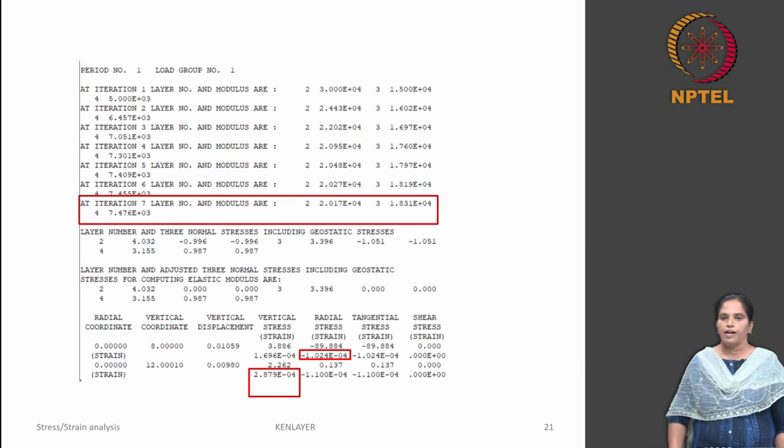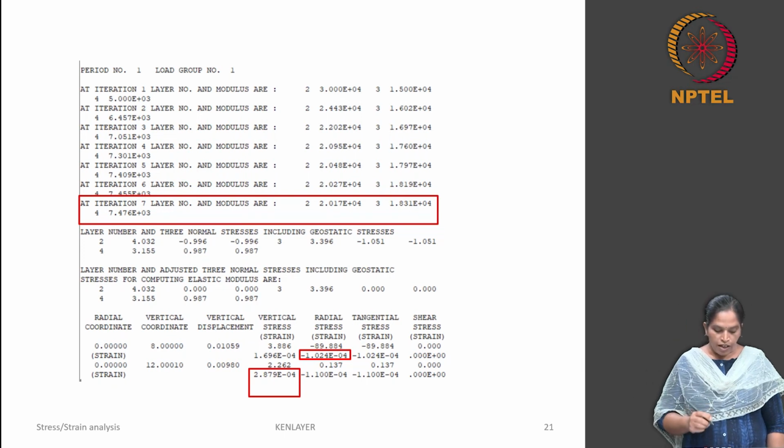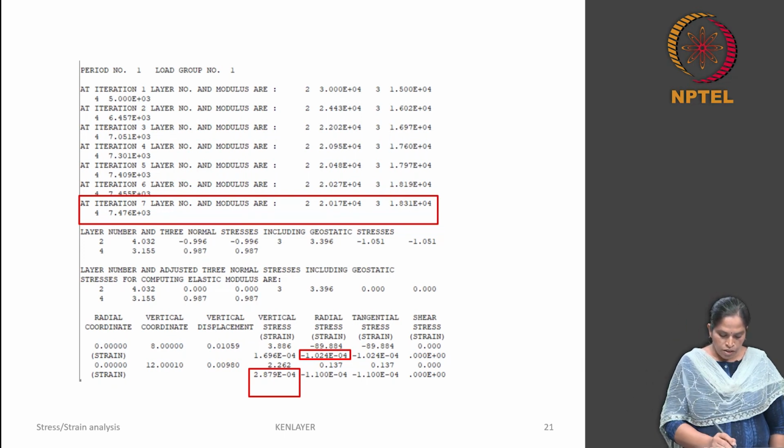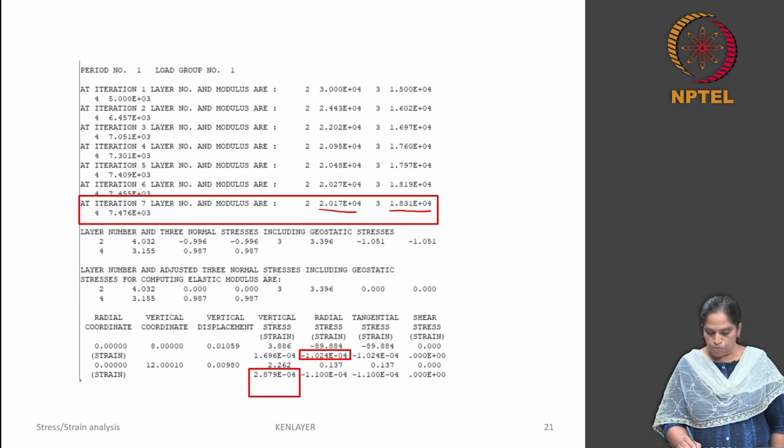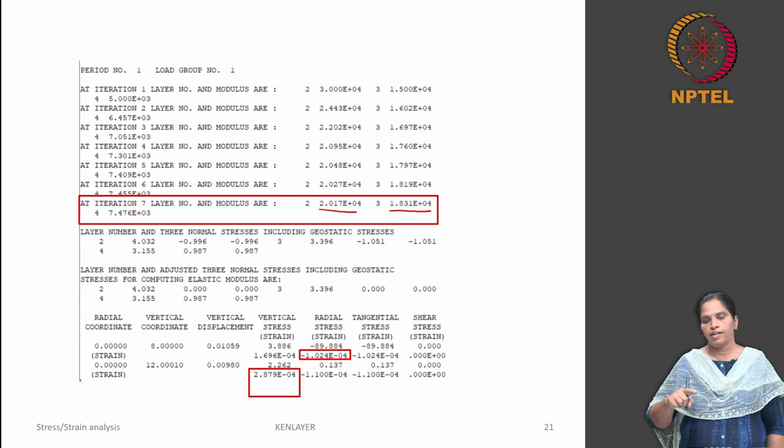The results can be viewed as a text file, and you can see that the modulus value of the second layer was computed to be 2.017 E4 psi, and for the third layer it is 1.831 E power 4. You know that the second layer and third layer are both base layers.